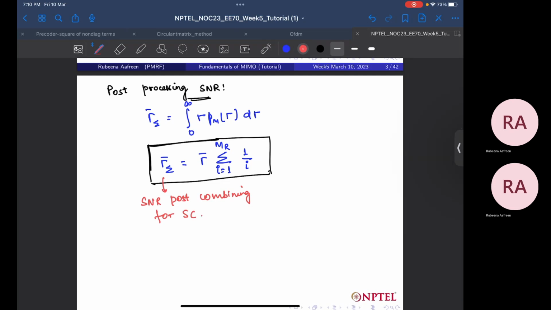So from here we can see that the average gain is increasing, right? But it is increasing with the term 1 upon I. So suppose we are adding a second antenna to the first antenna, then there will be a lot of difference. After that the difference will keep getting less. Okay.